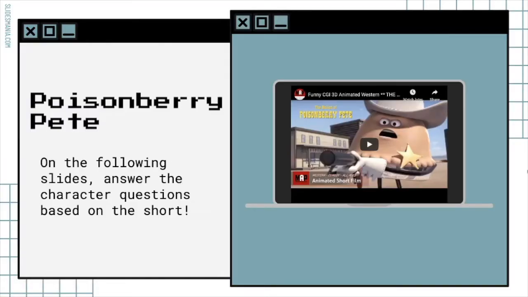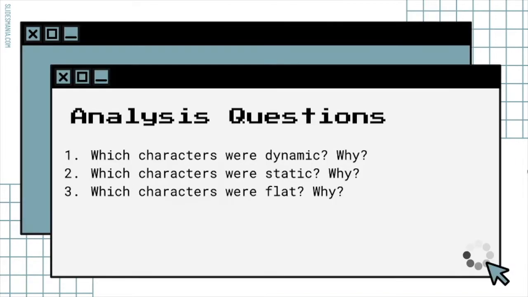Alrighty, so that was a really cute story, wasn't it? Nothing but pies in the old Wild West. Alright, let's go ahead and move on to the analysis questions about Boysenberry Pete. So, which characters were dynamic, static, and flat, and why?